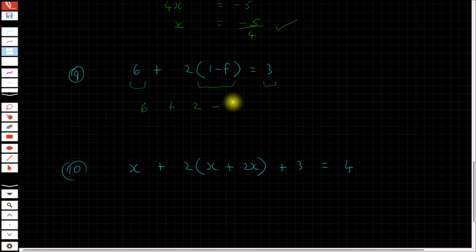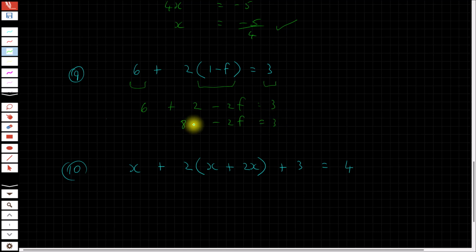So we have negative 2f equals 3. Now we can join the like terms or combine the like terms. Let's combine all the numbers on the left. We have 6 plus 2 is 8, take away 2f equals 3.